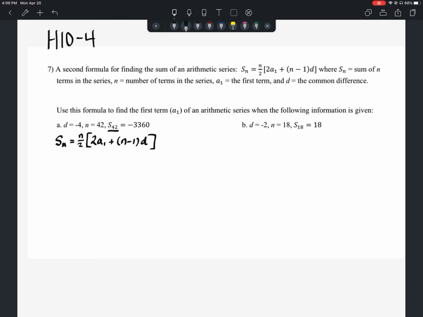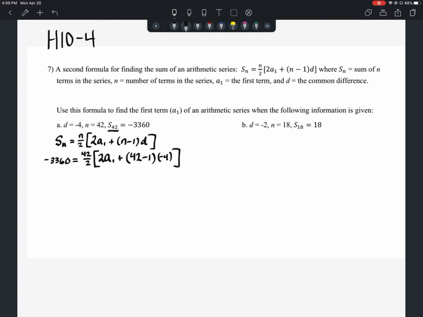So we're going to say -3,360 should equal 42 divided by 2 times, in parentheses, 2 times the first term. We don't know the first term, so we're going to leave it as a sub 1 plus, in parentheses, 42 for n, minus 1 times our common difference, which we said is -4.